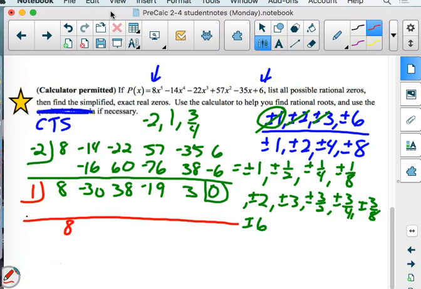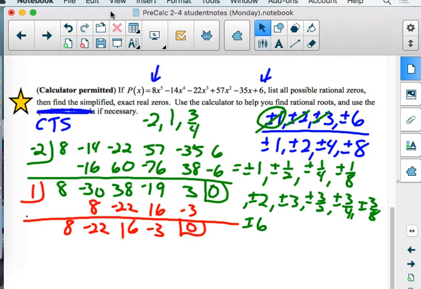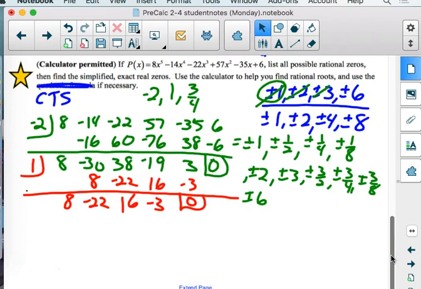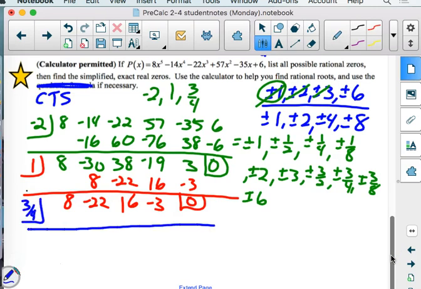Go after it with a 1. Bring down the 8. Multiply, add inside the box, multiply, and again it's kind of like subtraction with some of these, and multiply, and add, and we get a 0. So 3/4, it's not going to be that awful to do the synthetic with, especially when you look at the numbers that we're going to get here.